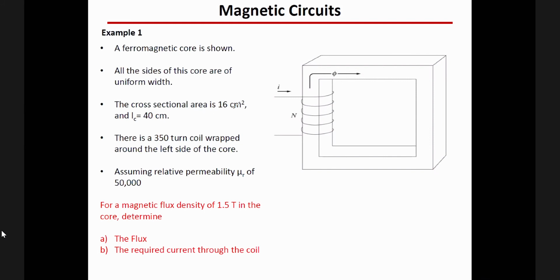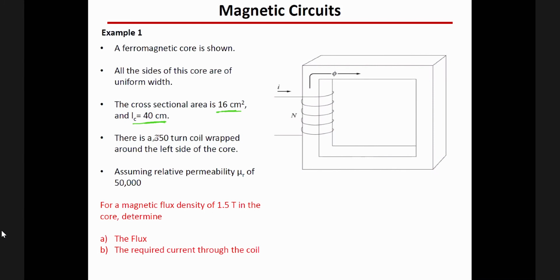The cross-sectional area is given as 16 centimeters squared, and the average length is 40 centimeters. Again, these are given, so you don't have to worry about how to calculate the cross-sectional area or the average length.